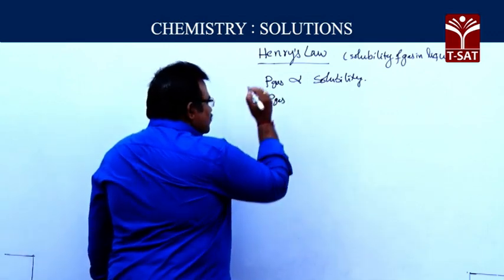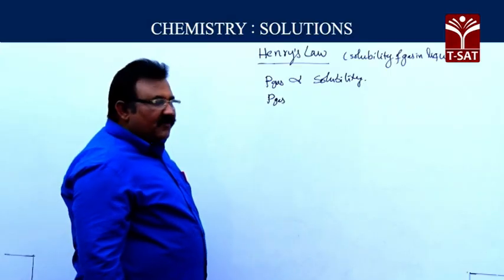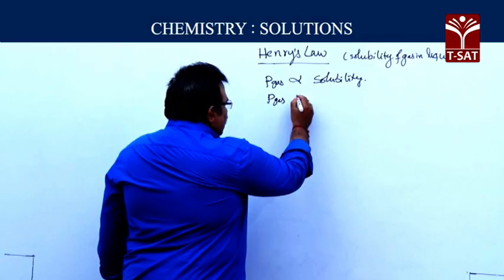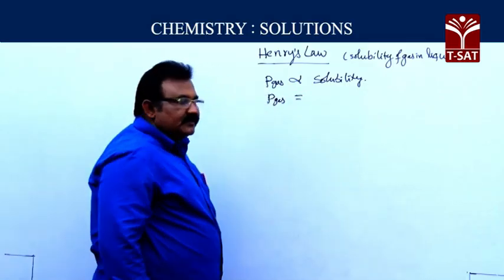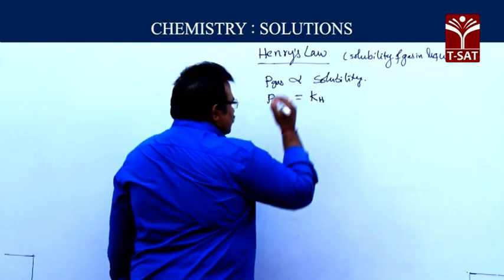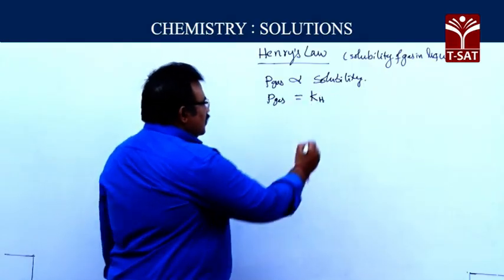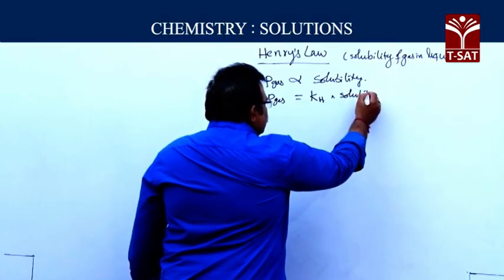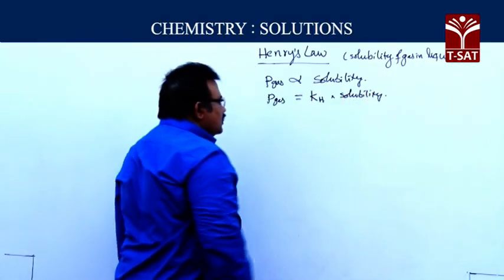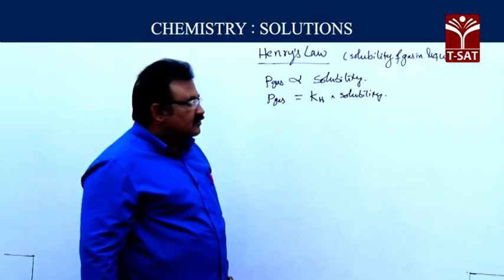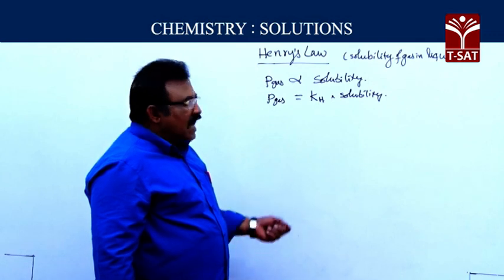Pressure of gas in vapor phase is equal to a constant KH into solubility. Generally, solubility is expressed in grams per liter.